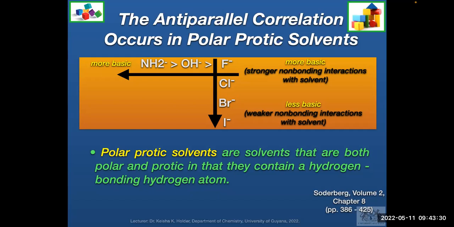So your solvent is water. Water is the general solvent that mostly all living systems do their chemical reactions in. And what that then means is that the reality of how a nucleophilic reaction would occur in that context would have to be based on the trends that I highlighted here.